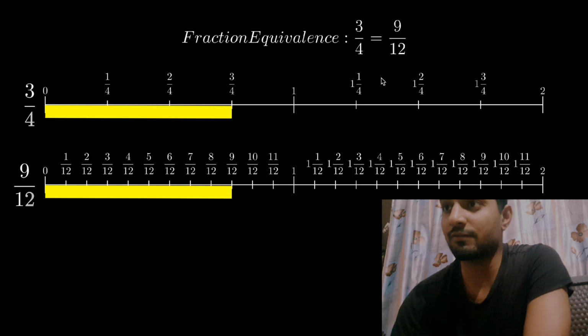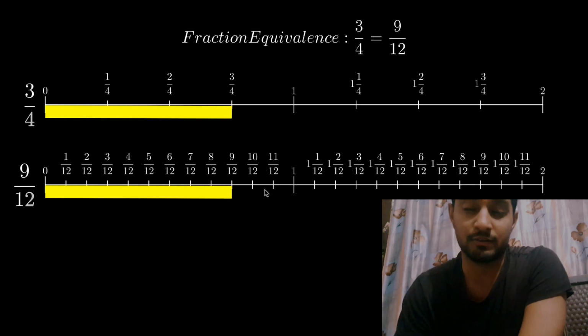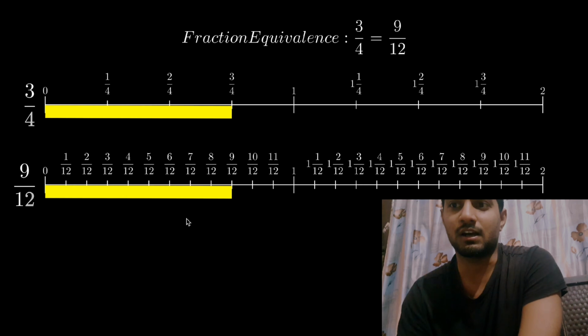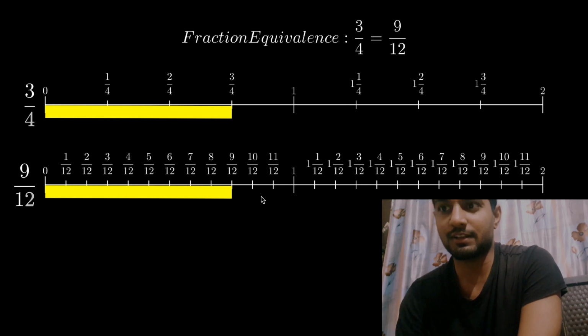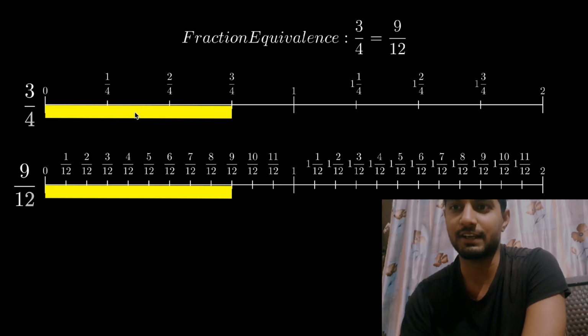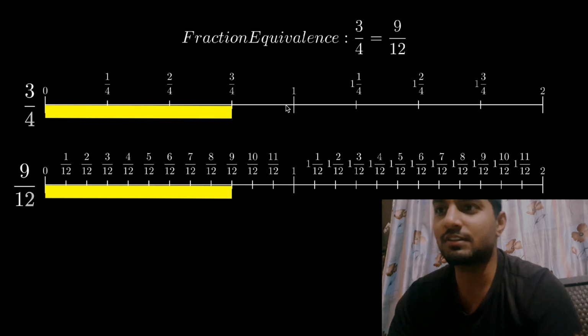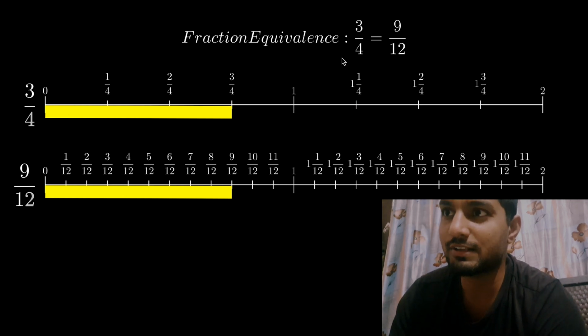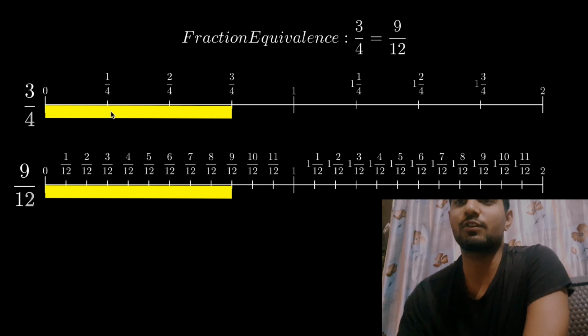And the same way for 9 by 12, for fraction with base 12, you have to make 12 equal parts over here that you can see, right? And the same when I have to map this 3 by 4, basically this 0 to 1 is 4. What that means is you have 4 equal divisions.